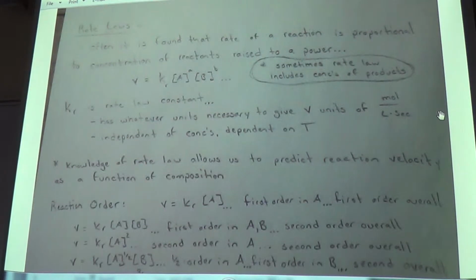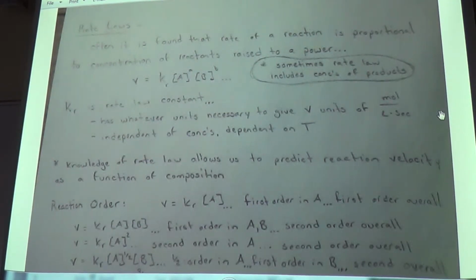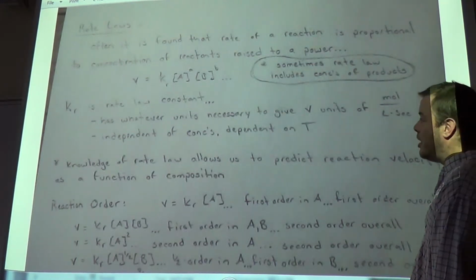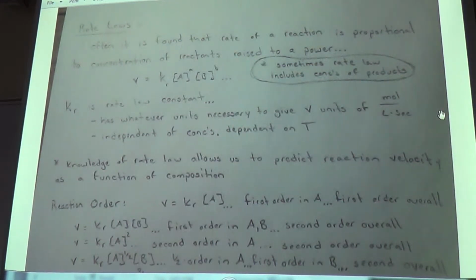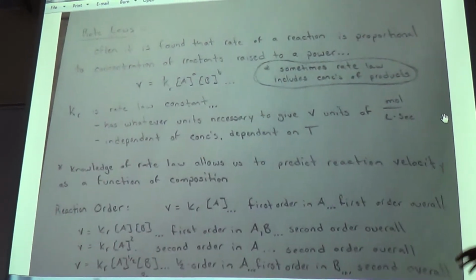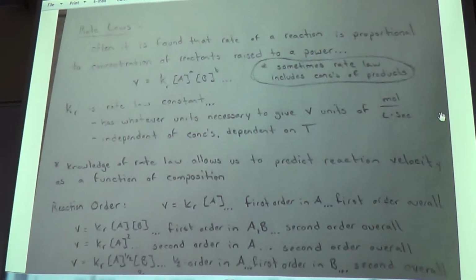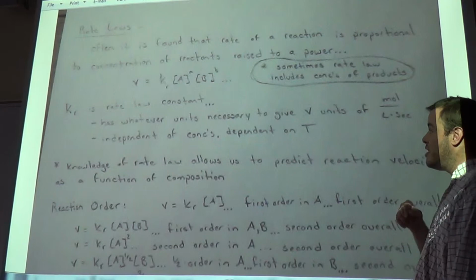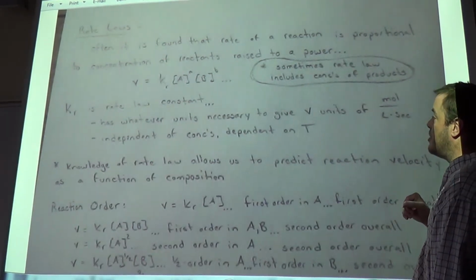A lot of times the rate laws end up being very simplistic, and you have something that says that the velocity is equal to some constant k times the concentrations of reactants raised to a power. For mechanisms that involve a back reaction, where there's an equilibrium, the concentrations of the products will also be involved, and so you won't necessarily have this simple relationship.